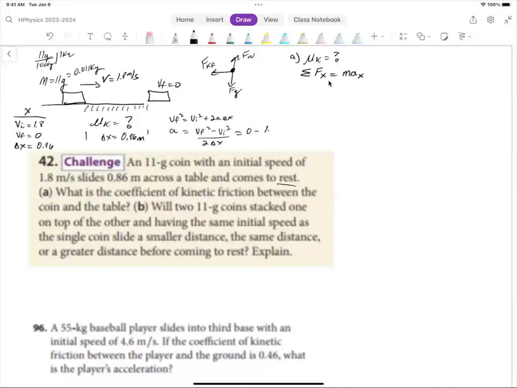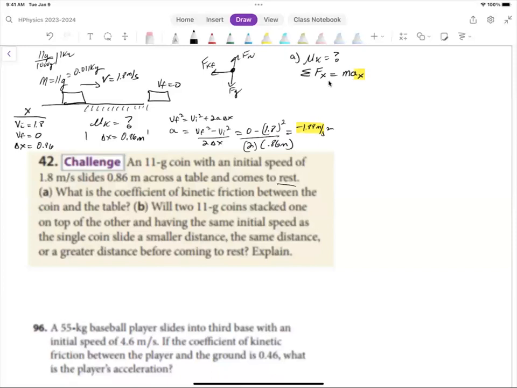That's 0 minus 1.8 squared over 2 times a positive 0.86 meters. And assuming my solutions that I worked several years ago are correct, it's negative 1.88 meters per second squared. So now I know that number. I wasn't given it, but I had enough information to solve for it.